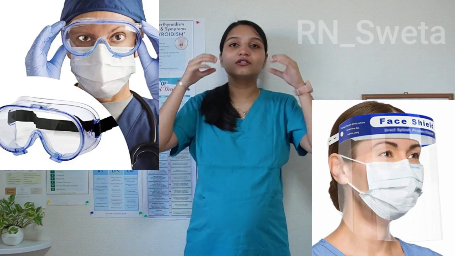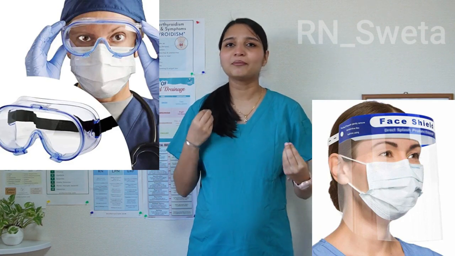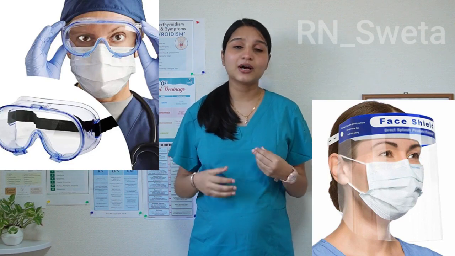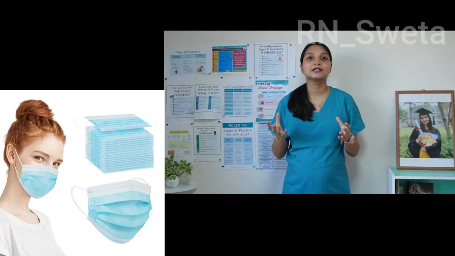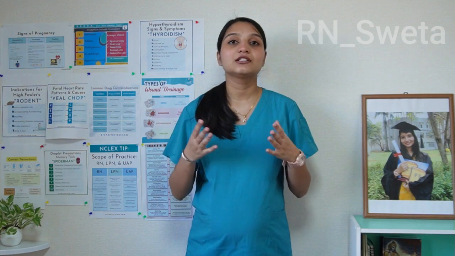So eye goggles or the face shield helps you to prevent any splashes of body fluids or blood while doing any kind of procedure. Next we have mask. We all know mask helps us to protect ourselves from any kind of airborne or droplet mode of transmitted diseases, right?